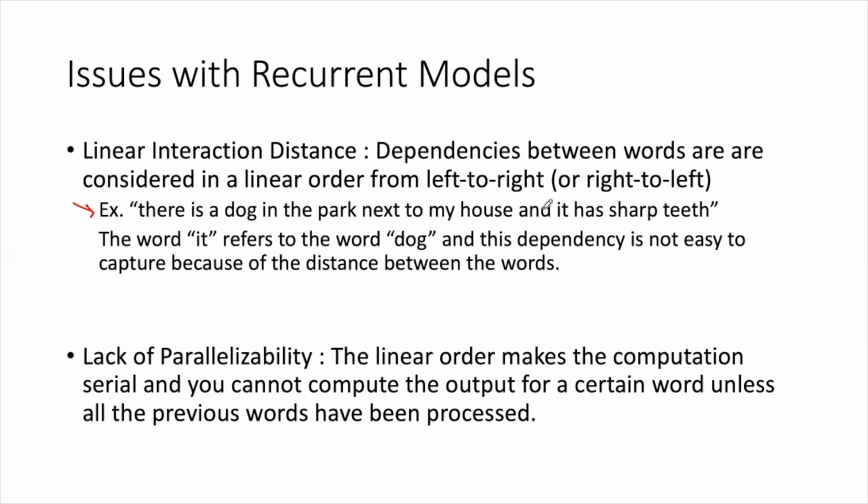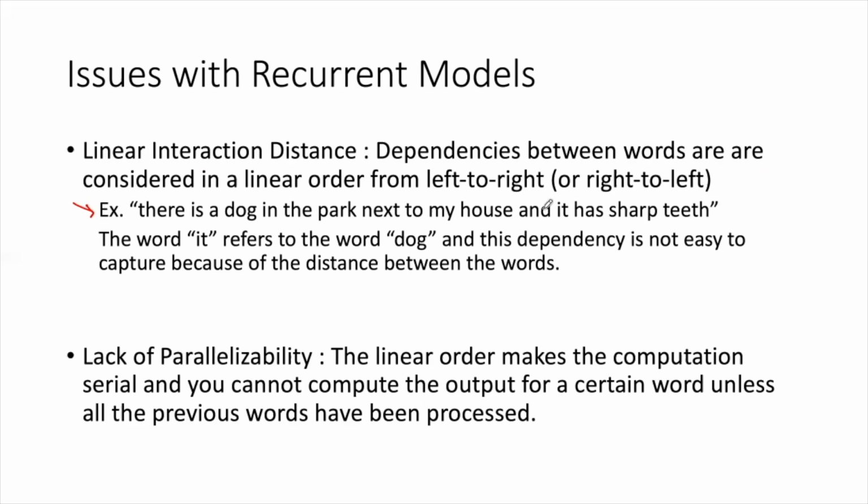The next issue is lack of parallelizability. By parallelizability, we mean that since there is a linear order where we go one word at a time, we cannot compute the output of some nth word before calculating the output for the n minus 1 words. So we have to follow a linear order.